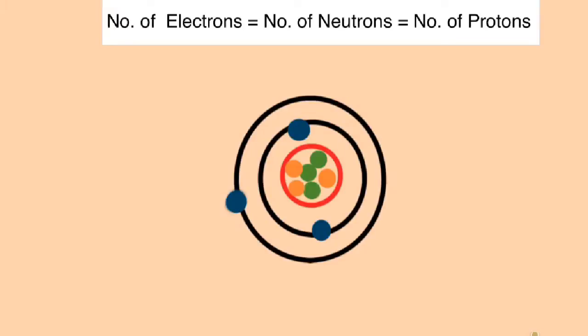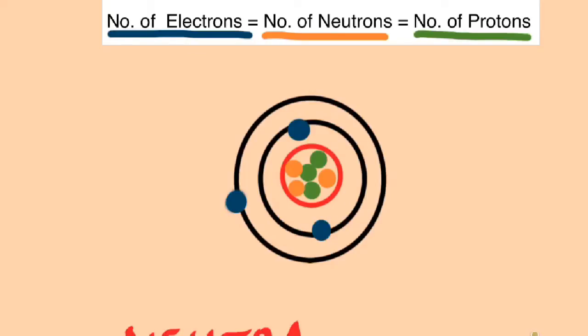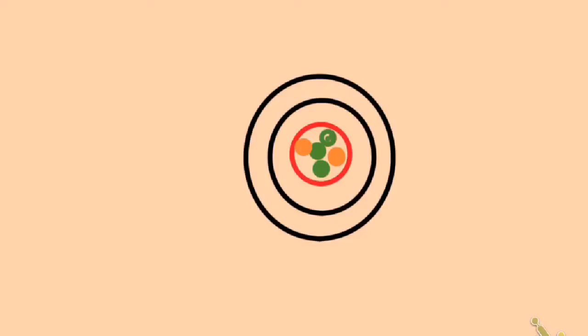In a neutral atom, the number of electrons is equal to the number of protons is equal to the number of neutrons. An atom is said to be an ion if it has a charge, which means the number of electrons is not equal to the number of protons.